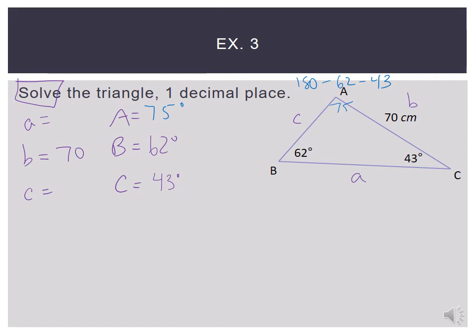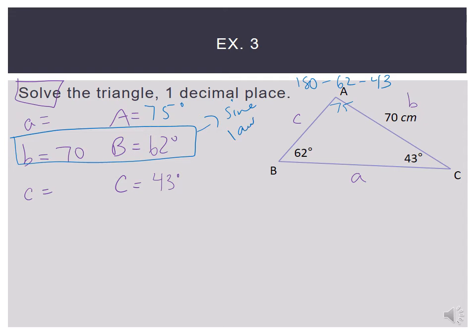Since there's no 90s, we're not using SOHCAHTOA, we're not using Pythagorean theorem. You're going to ask yourself, do you have a complete letter? The answer is yes, you have B. So that means use Sine Law.